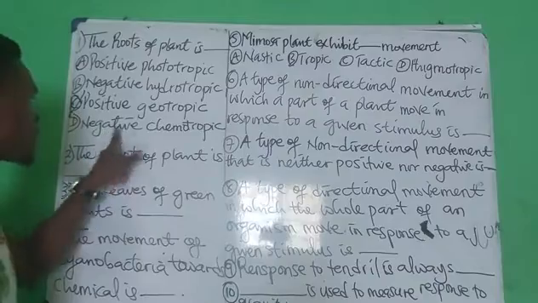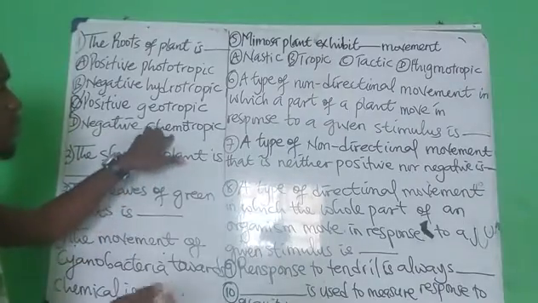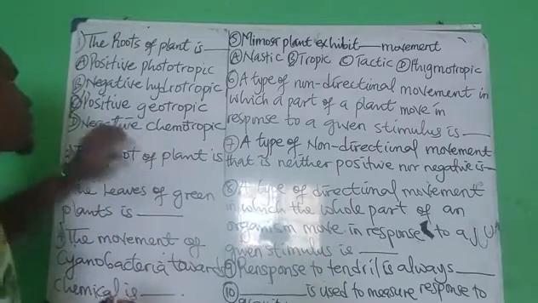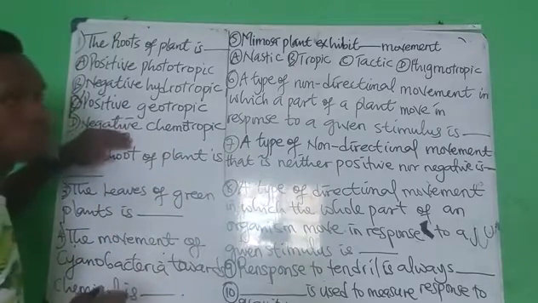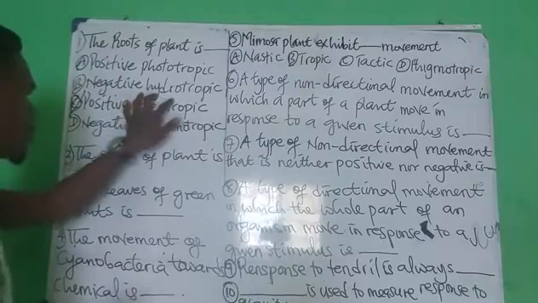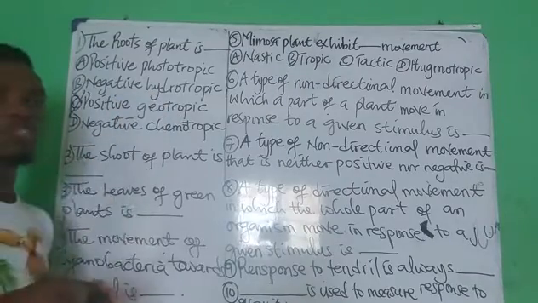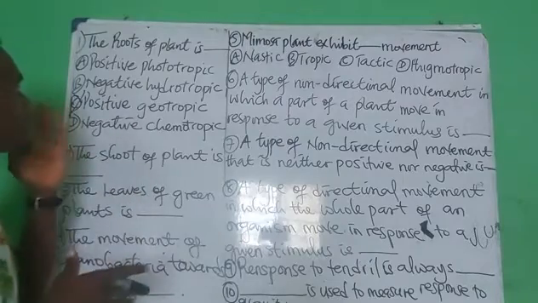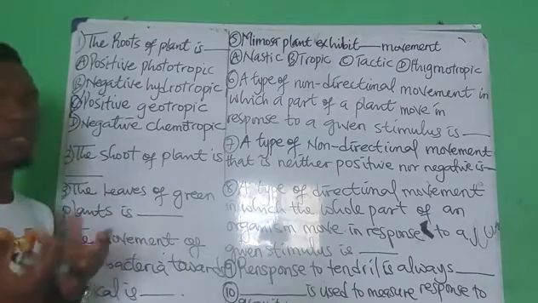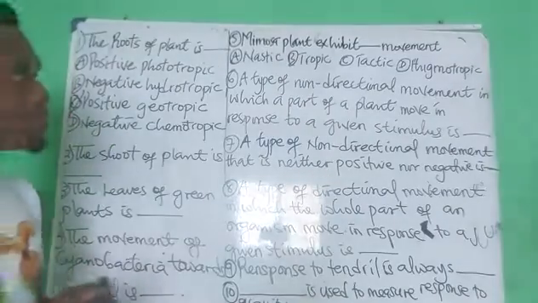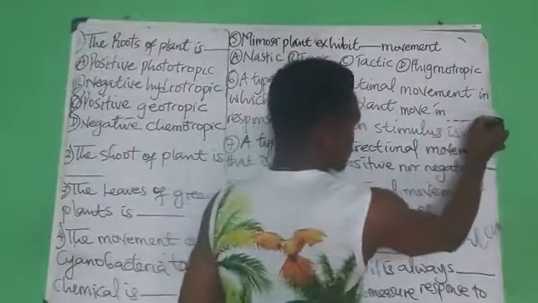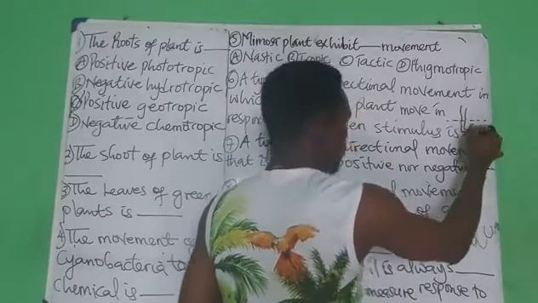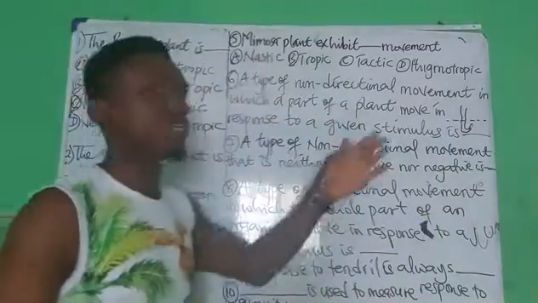It is never negative chemotropic, because in the soil region you have some chemical substances, so the root bends towards them; that is positive, but this option says negative, so it's wrong. Negative hydrotropic, God forbid, because in the soil you have water, and the roots will definitely bend towards water. Except in an experiment, or if you were given a diagram illustrating roots bending away, that would be a different case entirely.